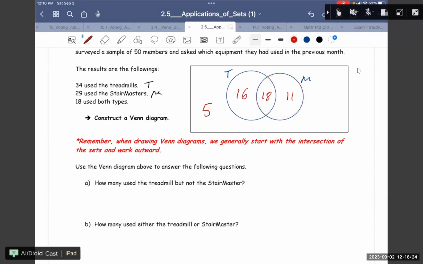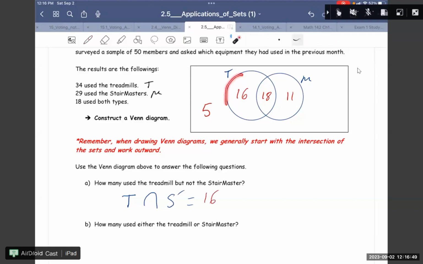So I can say this is the treadmill intersect with the complement of the Stairmaster, M, right? So this should be 16.